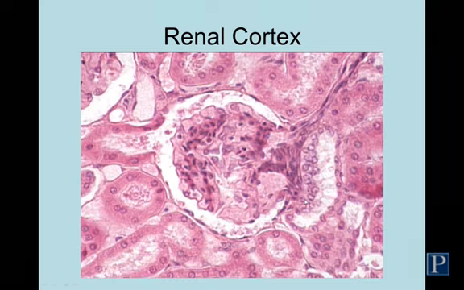Because these two tissues interact with each other, the macula densa and afferent arteriole collectively are often referred to as the juxtaglomerular apparatus. That's a mouthful, but if you think about what it means, it actually makes sense. Juxtaglomerular means that it's next to the glomerulus, so that makes sense. The cells that actually secrete the renin are called granular cells or juxtaglomerular cells.